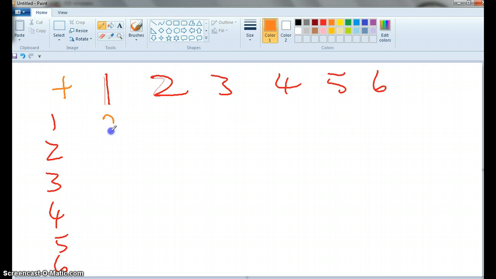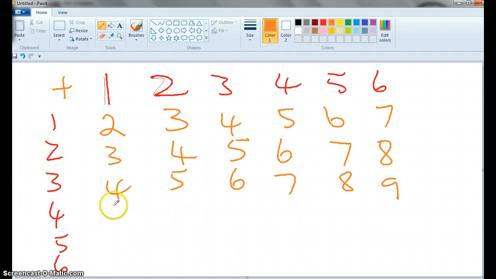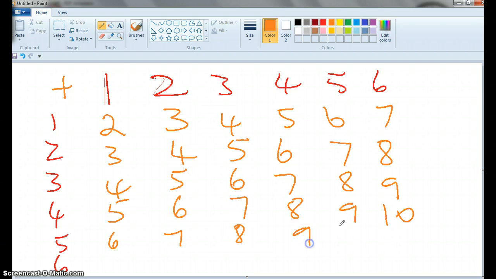So 1 plus 1 is 2, 3, 4, 5, 6, 7. 2 plus 1 is 3, 2 plus 2 is 4, and so on up to 8. 6 plus 3 is 9. 4 plus 1 is 5, 4 plus 2 is 6, up to 10. Then 6, 7, 8, 9, 10, 11. 6 plus 1 is 7, 6 plus 2 is 8, 9, 10, 11, 12.